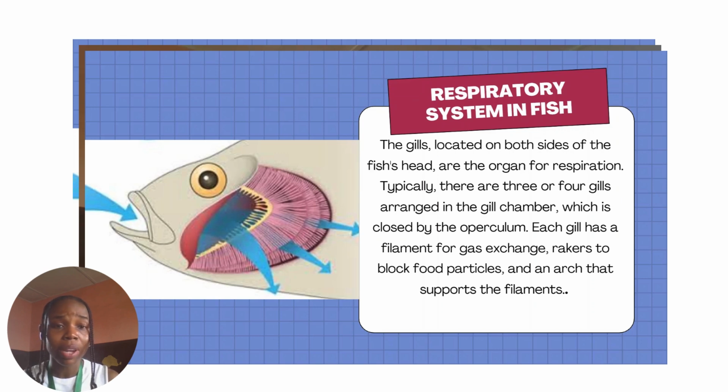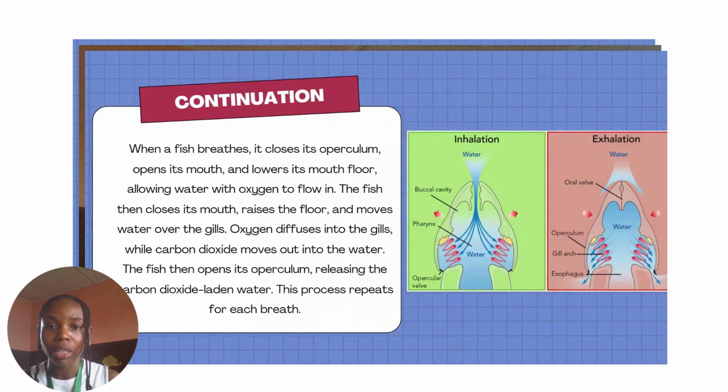And there are typically three or four gills arranged in the gill chamber, which is close to the operculum. And the gill has something we call the gill filament. And the gill filament, this is where the gaseous exchange takes place, while the gill rakers block food particles and an arc helps to support the gill filaments.